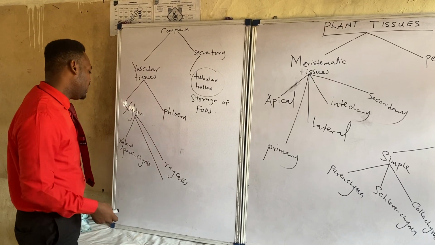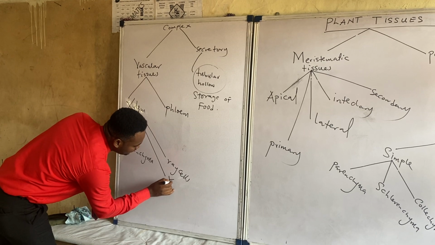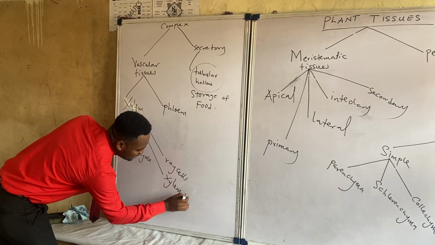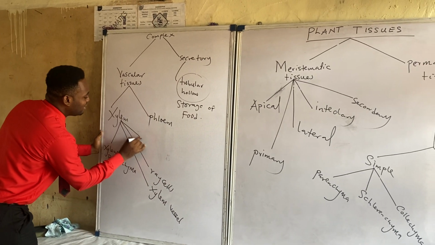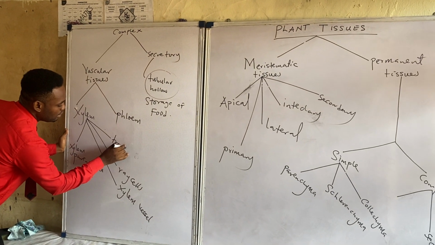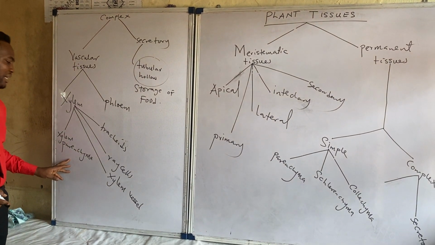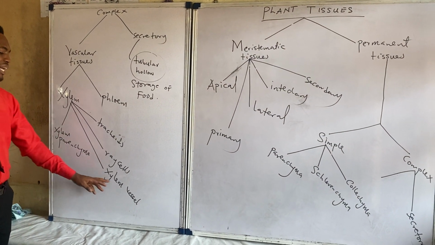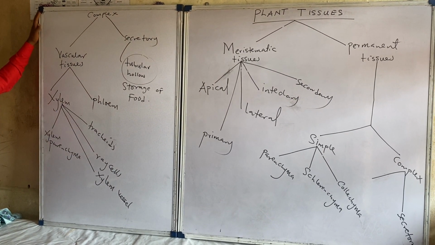They are not living cells. Of course, we have the xylem vessels. Xylem vessels. Alright. Xylem tracheids. Xylem tracheids, the xylem parenchyma, the ray cells, and xylem vessels. All these make up the xylem.